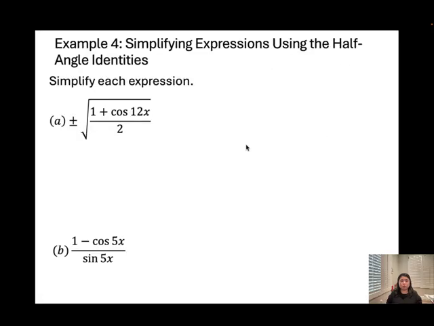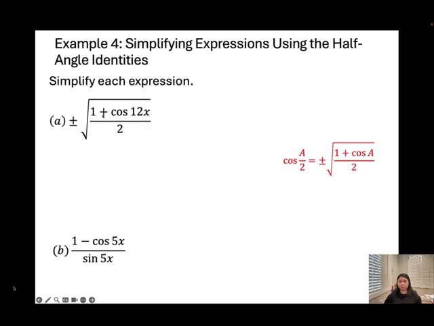Example 4. Simplify each expression. The first one looks like the half angle identities. Remember this formula. If it's 1 plus, then that's cosine A over 2.